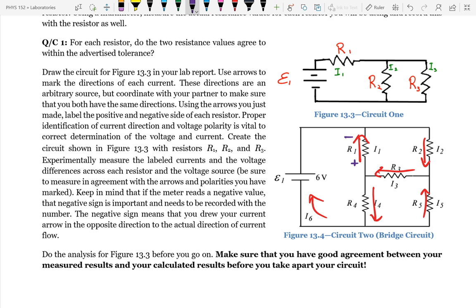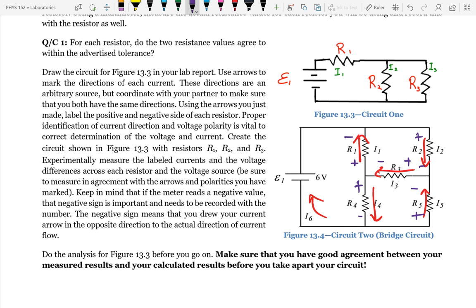For each one, the tail of the arrow is the positive, the head of the arrow is the negative. Current 6 doesn't go through any resistor, but there's still a current going through that power supply. So I have all of my currents marked, and which side is positive and negative. I'm going to move these to this side to be consistent.